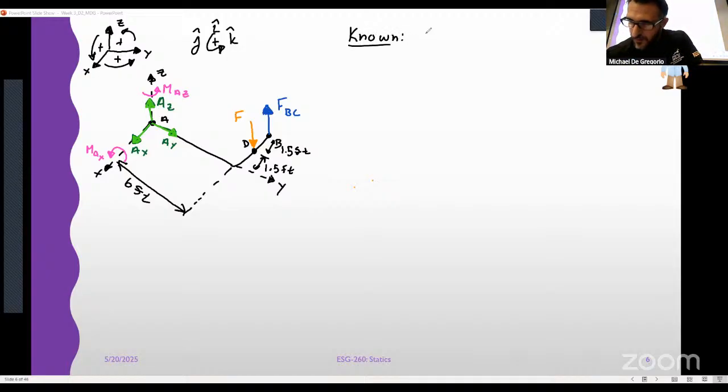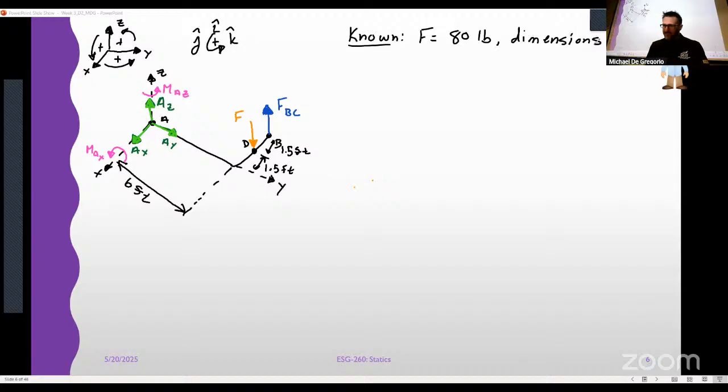What are our knowns? Well, F, first and foremost, F is given as 80 pounds. We've got some dimensions, but other than that, we're kind of on our own. And we count up our unknowns. We've got FBC, AY, AX, AZ, and 2 moments. We're at 6.